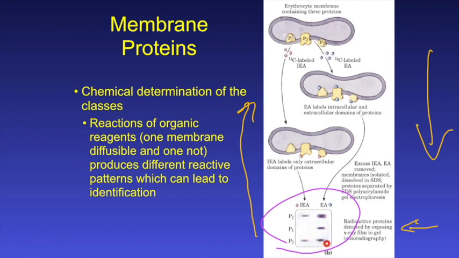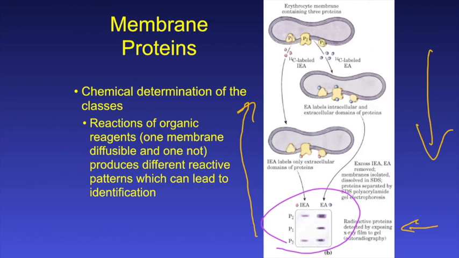How would I interpret this data into a picture of what might be happening? Taking the two cells that I split apart into two different test tubes, they're the exact same cells. One treatment with the reagent that cannot go through would react with every protein that is on the outside of the cell. And they get labeled at about the same rate because they are exposed equally.